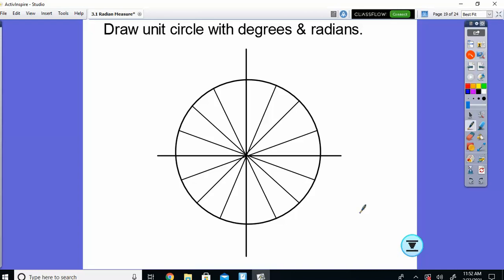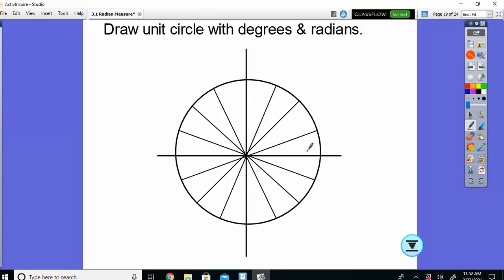So if you took those points and drew a circle connecting them, that's how I created this circle. Today I want to focus on putting the degree and radian measures on this circle. Okay. Eventually we will add ordered pairs to that, but not for a couple sections.